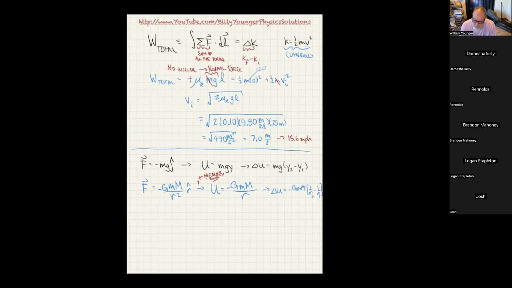Anyways, there was also another one. We could, for instance, find the potential energy associated with F equals negative kx. Remember, anybody remember what that law is called? Yes, Hooke's law. And the negative, does anybody recall why the negative was there?